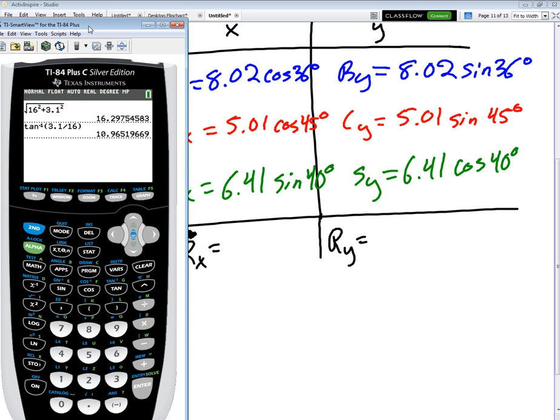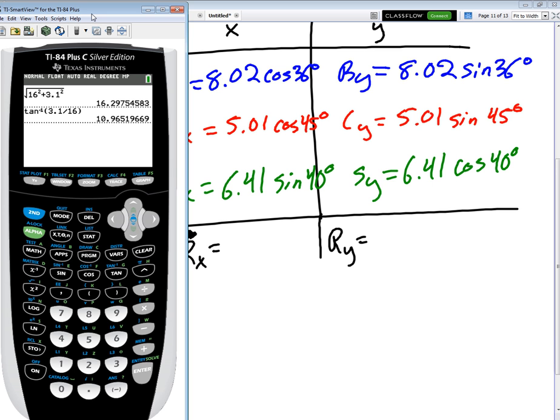So right there, we'll do that. If I want to add up all of these, 8.02 cosine 36 plus 5.01, you see what I'm adding? Cosine 45.